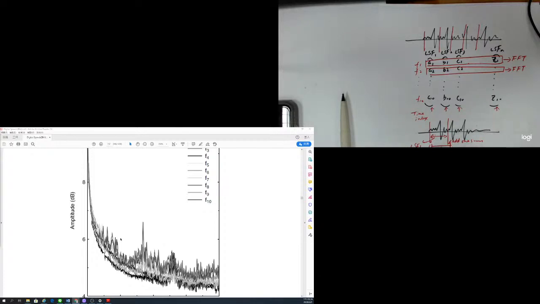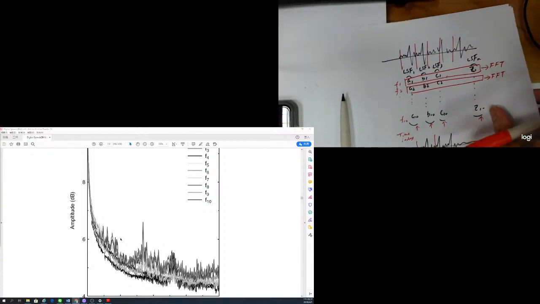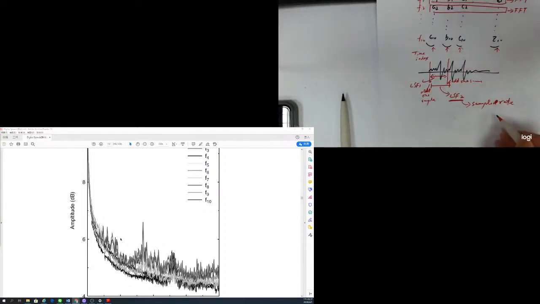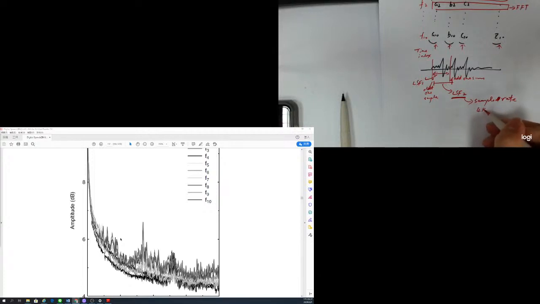So for your mel spectrum frequency, the sampling rate is 4 kilohertz. You got it. In the past, you were trained on sampling theory, more like sampling the original data.